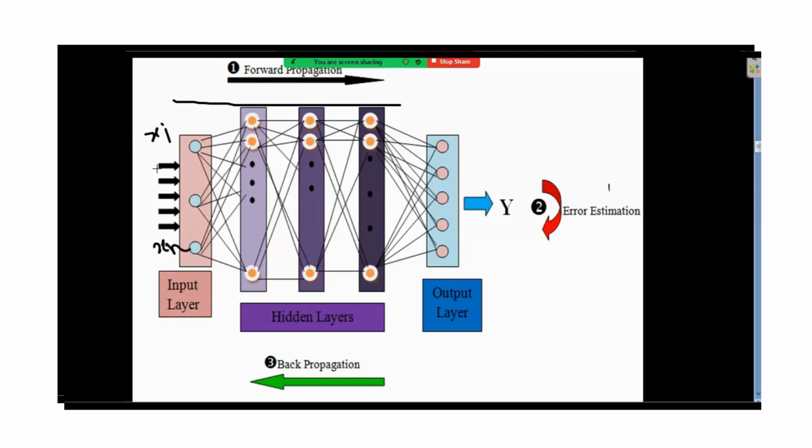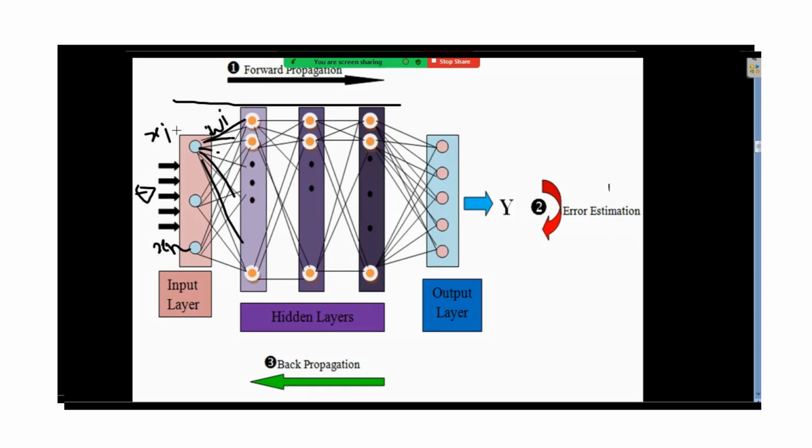As I told you, you are giving the input as a data set. So whatever features you are using for your task, all those features will act as input. Then each neuron will be connected to every neuron in the next layer. So this gives you a fully connected network. Now on these edges, we are assigning weights.